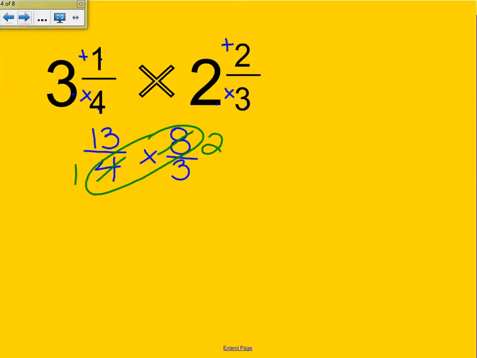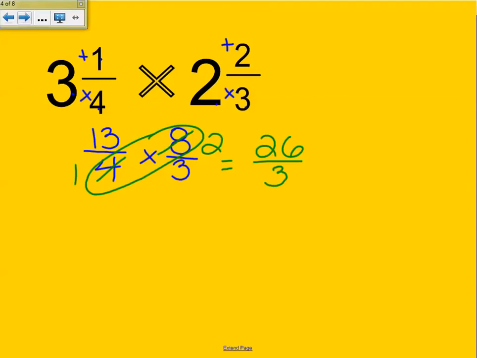These numbers look a little bit easier now to multiply with. When I have 13 times 2, because I'm going to multiply together my numerators, 13 times 2 is 26. A lot easier than 13 times 8. That's why we do our simplifying ahead of time. 1 times 3 is 3. So I made my numbers much easier to work with that shortcut.